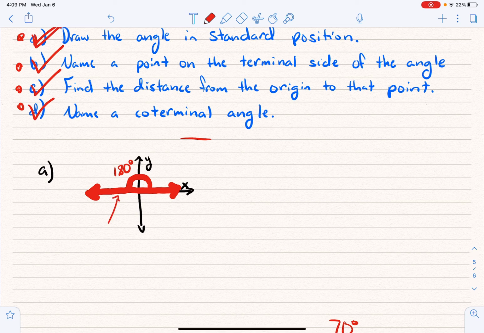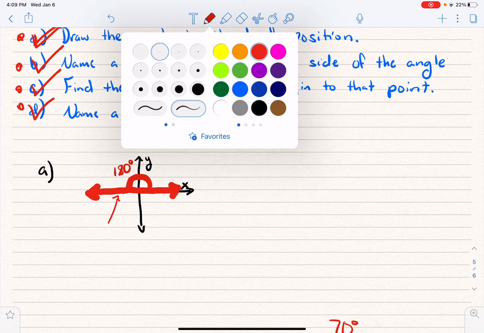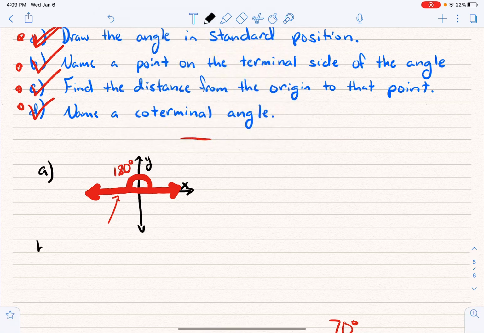Well, any point on the negative x-axis is just gonna have a negative x coordinate and 0 for a y coordinate. So you say, well, part B, any point on there could be like -4, 0, all right? So that would be a point on the terminal side of that angle.